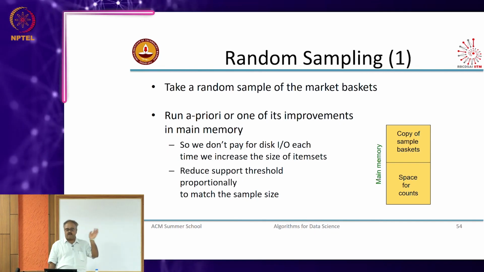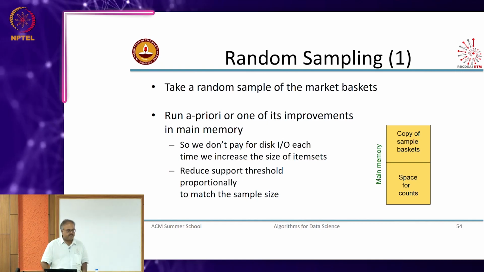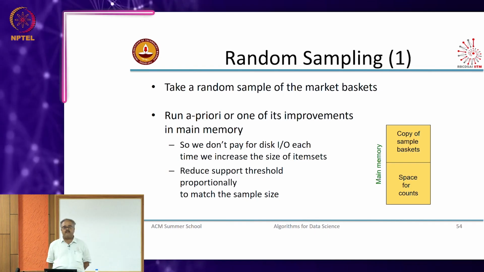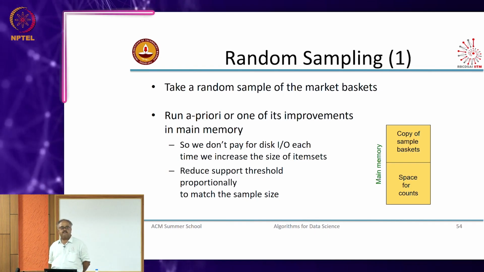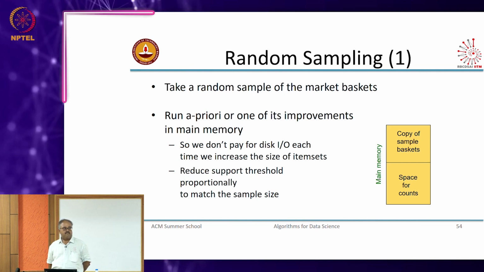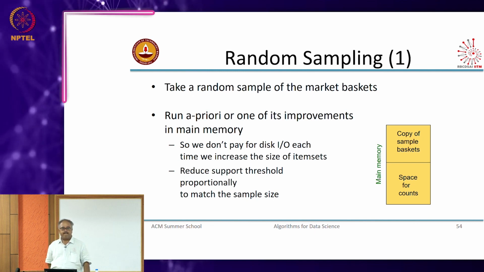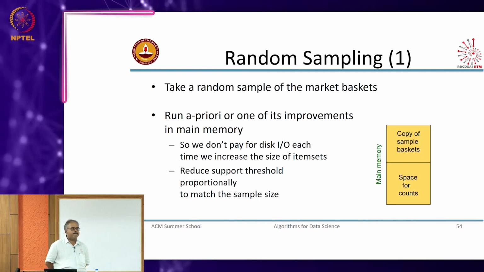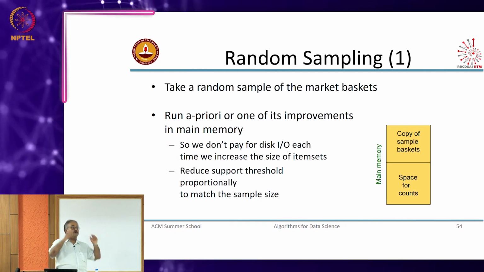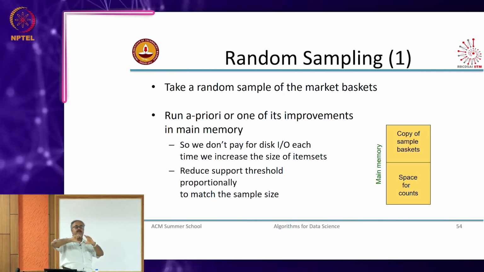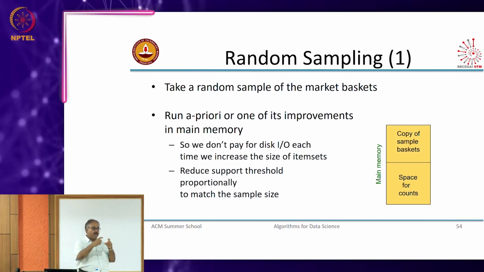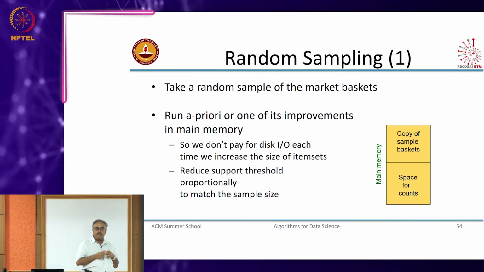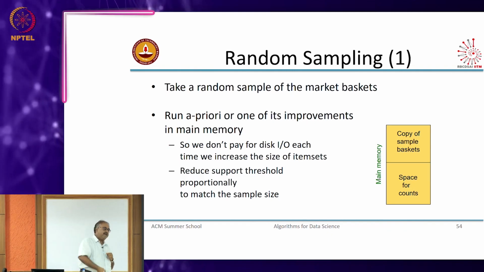And then you run your algorithm. You run k passes of your algorithm. Are you done? No. The difference is that when you take the random sample and run A-Priori on it, what this A-Priori returns as the frequent item sets are your candidate item sets.